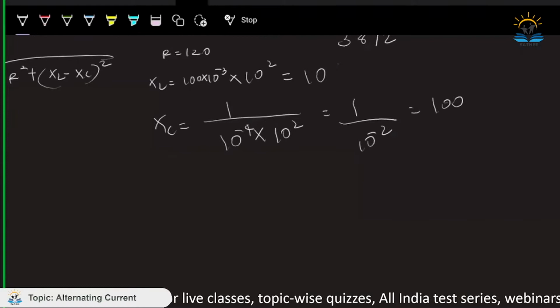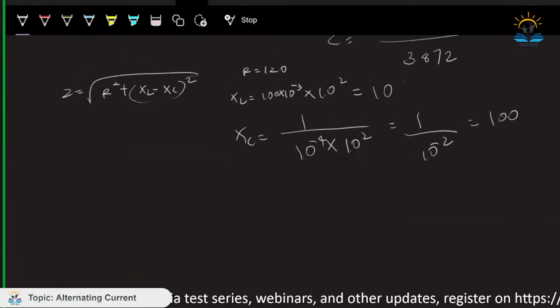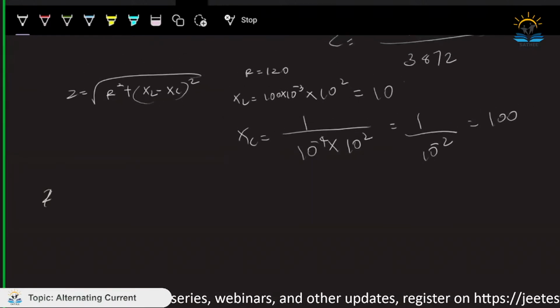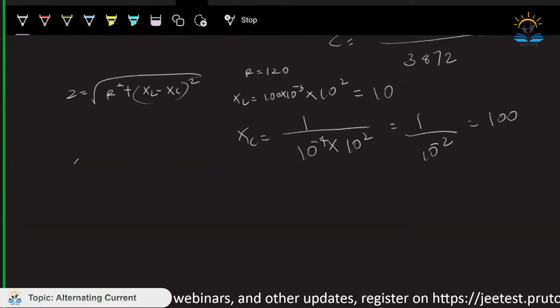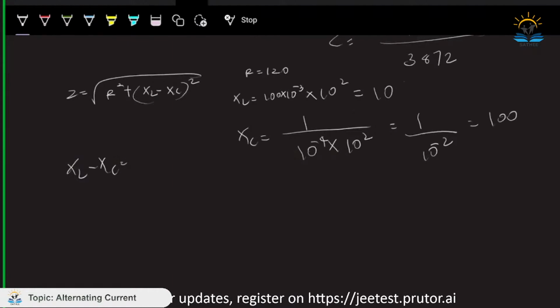XL is inductance 100 milli, so 100 into 10 raised to minus 3, into 10 raised to 2, so 10 raised to 4, 10 raised to minus 3, 10 only. So XL minus XC: here XC is leading, so 100 minus 10, 90.